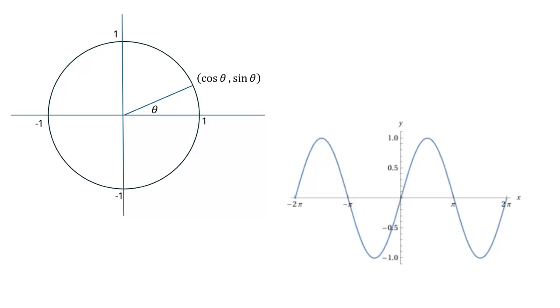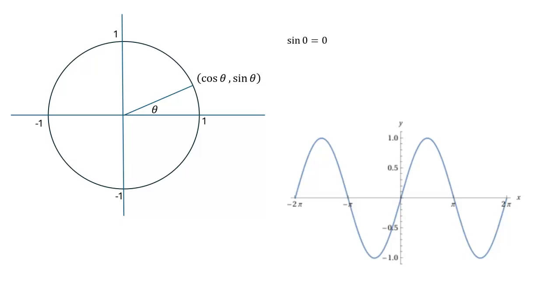So, for example, let's suppose we're at the angle 0 degrees, which is 0 radians, and we're right at this point here. That would be the point (1, 0). In particular, the y-coordinate is 0. So that tells us that sine of 0 is 0.